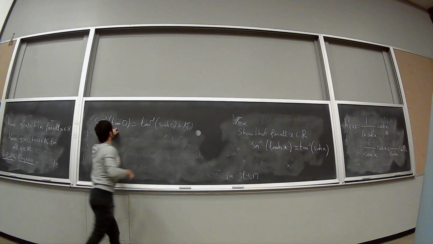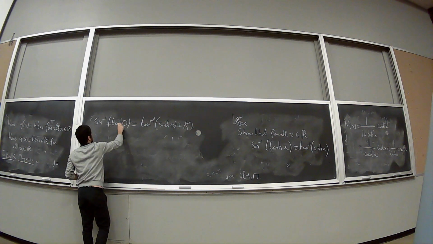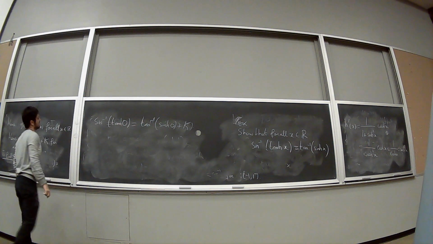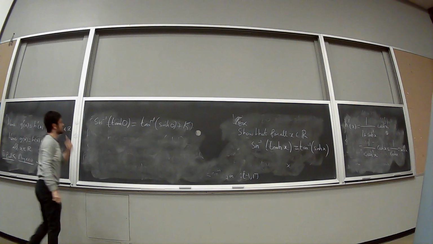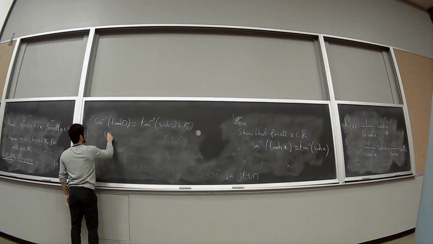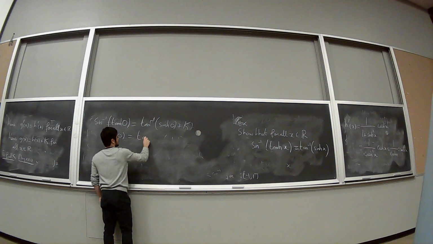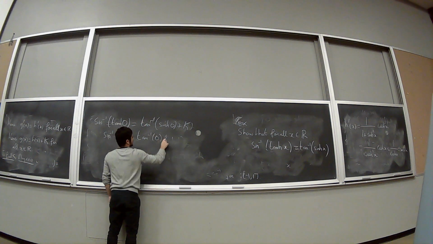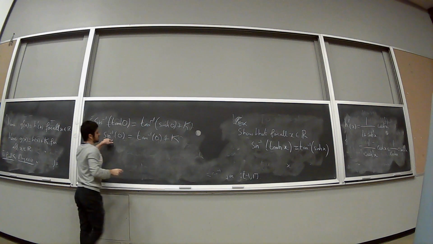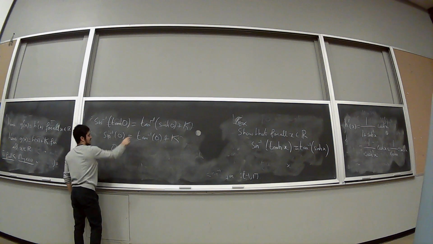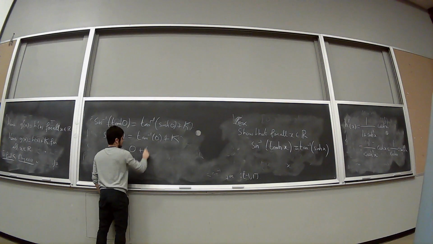Now, tanh of 0 is sinh of 0 over cosh of 0, which is 0. So the sine inverse of 0 is 0. Sinh of 0 is also 0, so we have tan inverse of 0 plus k. Now what's sine inverse of 0? It's 0. Tan inverse of 0 is also 0, plus k.